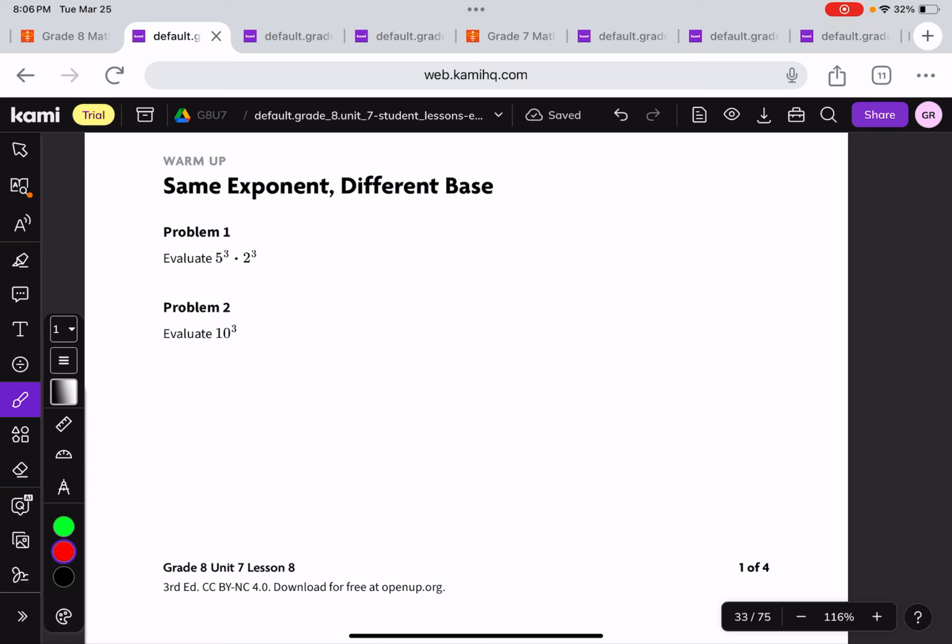Otherwise, 5 to the 3rd is 5 times 5 times 5. Well, 5 times 5 is 25. 25 times 5 is 125, times 2 to the 3rd, which is 2 times 2 times 2. 2 times 2 is 4. 4 times 2 is 8.